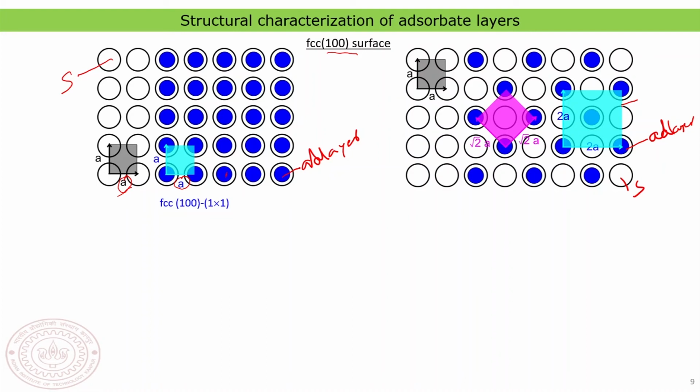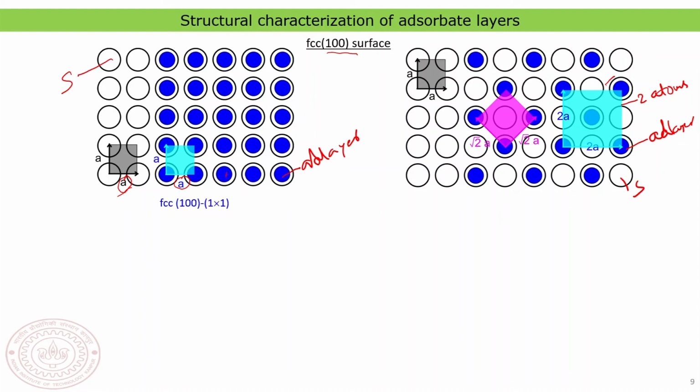The blue cell has two atoms in it, so it is not a primitive unit cell, whereas the magenta one is a primitive unit cell with one atom. But you can represent the surface using either of these, and you can generate the adlayer using any of these unit cells.